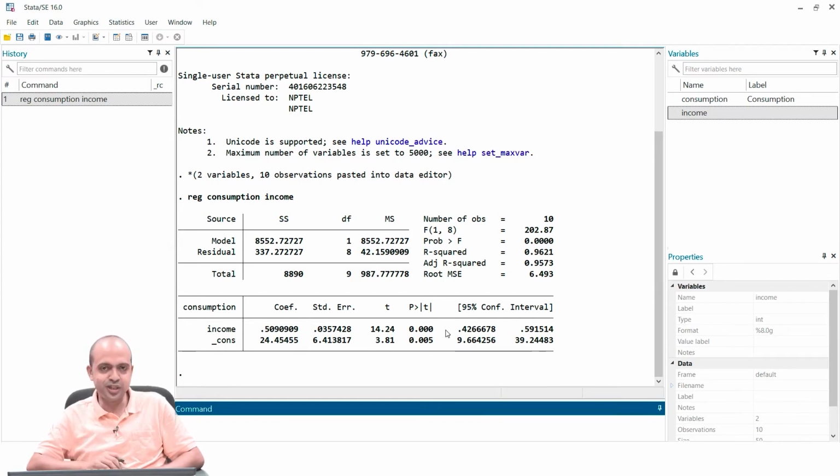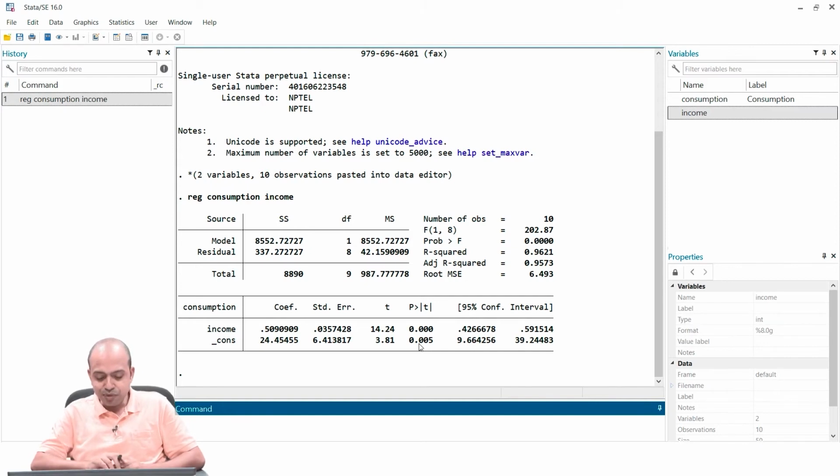Actually, the meaning of this is that the P value is very small, 0.000000000 some value will come. It is such a small value that STATA is reporting it as 0. So, in 100 cases you may not commit any mistake, maybe in 1000 cases something like that. So, the probability of committing type 1 error is very small when your P value is small, right.